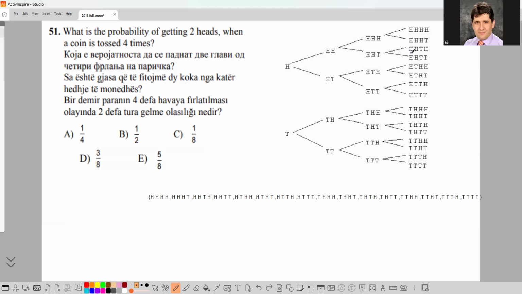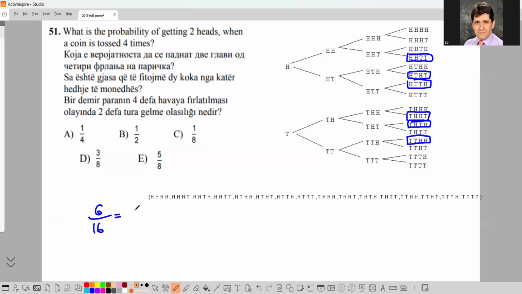Now, how many heads do we want? Well, we want to have only 2 heads, which for us means the valid cases are these 3. And for tails, again, here we have 2 heads, and here we have 2 heads, and here we have 2 heads, which means we have 6 outputs out of 16.